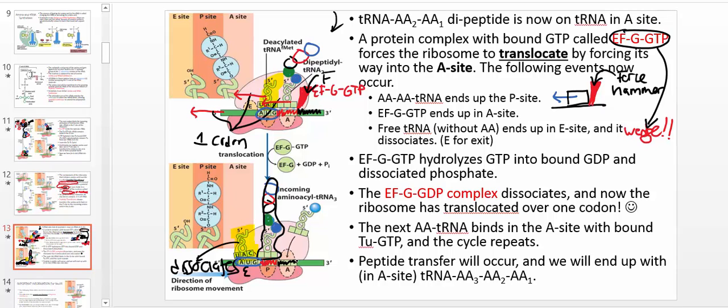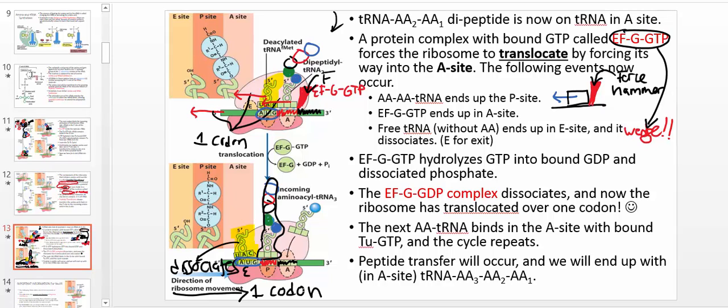From the ribosome's perspective, notice the ribosome essentially moves over one codon in this direction relative to the mRNA. So the EFG GTP forces the mRNA and all the tRNAs over, but from the ribosome's perspective, the ribosome effectively moved over to the right, even though technically everything else is moving over to the left one codon.